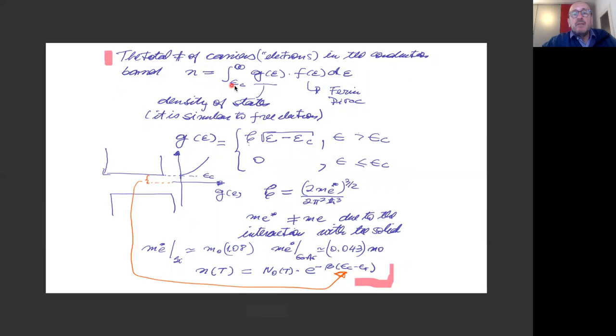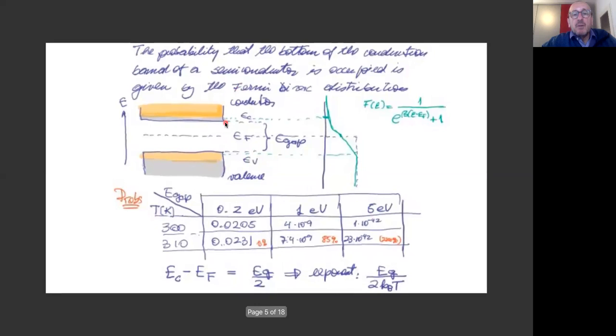I will have to integrate from the bottom of the conduction band, counting the probability of having one excited there, one excited there, and there. As I go higher and higher away from the bottom of the conduction band, the probability will decay exponentially. This is an exponential function.